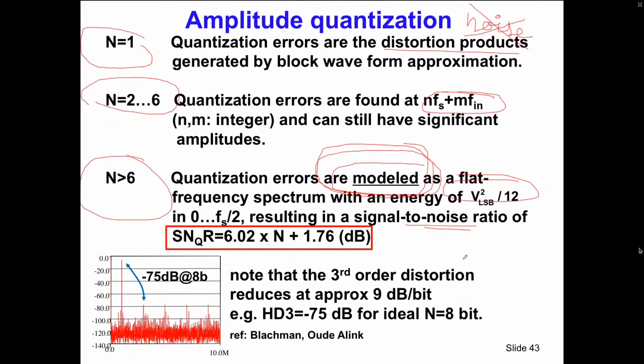But don't forget that even if you do an 8-bit ideal quantization, so this is computer stuff, MATLAB stuff, even if you do that with a perfect quantization, then note that the third order distortion component from this harmonic is only 75 dB down from its parent value.